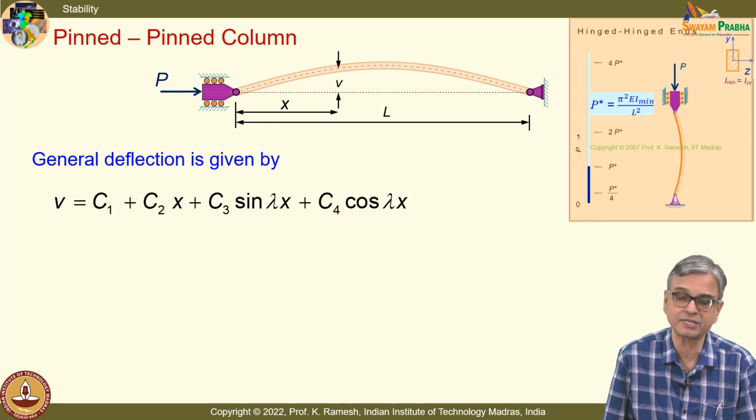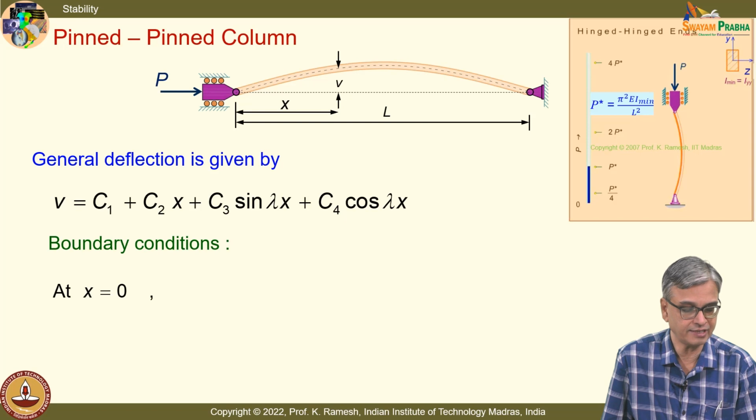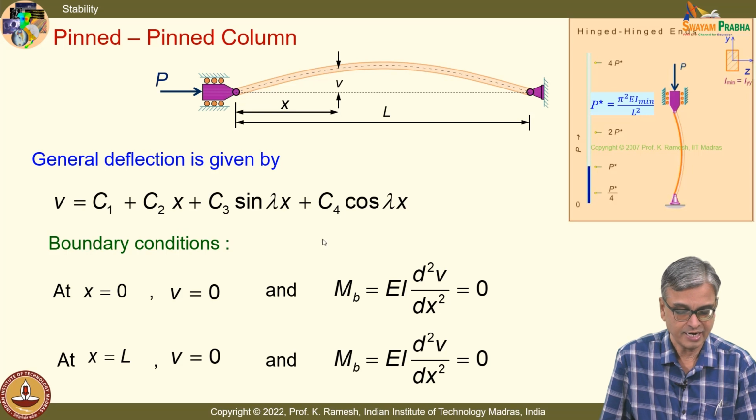V equal to C1 plus C2 x plus C3 sin lambda x plus C4 cos lambda x, and you have the boundary conditions at x equal to 0, v equal to 0, and M_B equal to EI d squared v by dx squared equal to 0. At x equal to L, v equal to 0, and you have M_B equal to EI d squared v by dx squared equal to 0.